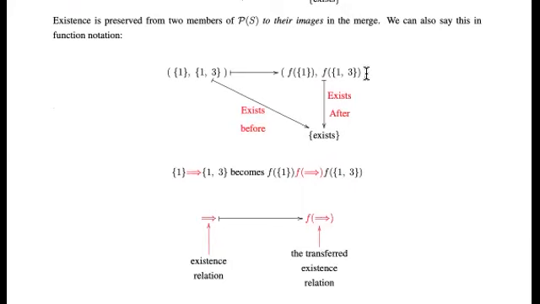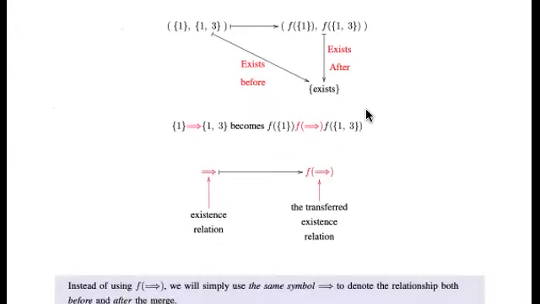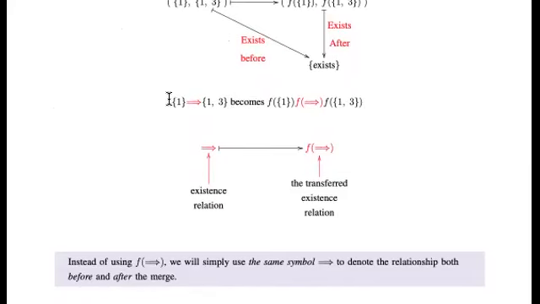Right, here's just an alternate notation. You can use the chunking, or you could just say the image using F right here. If you have this 1 arrow 1 3 before, then there's an existence over here in the image.